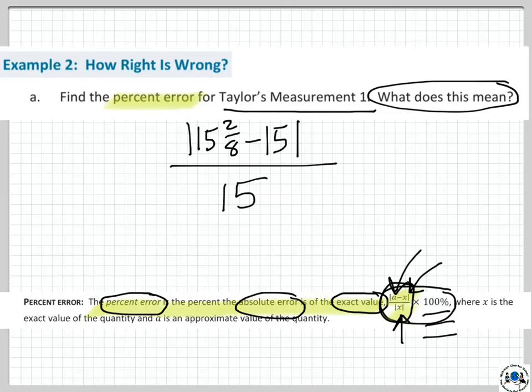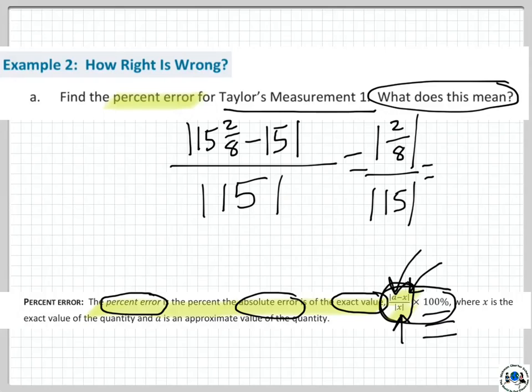This is all absolute value of everything here. So this is the absolute value of 2/8, I'm just doing this all over again to let you know, over the absolute value of 15, which is the absolute value of 0.25 over 15.